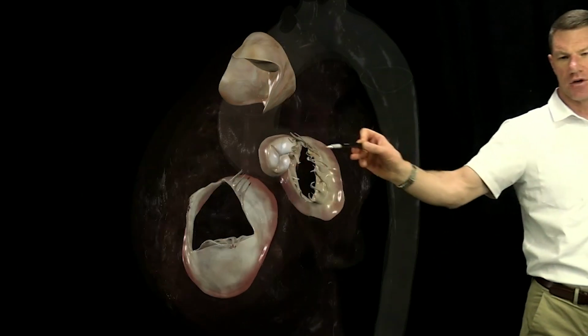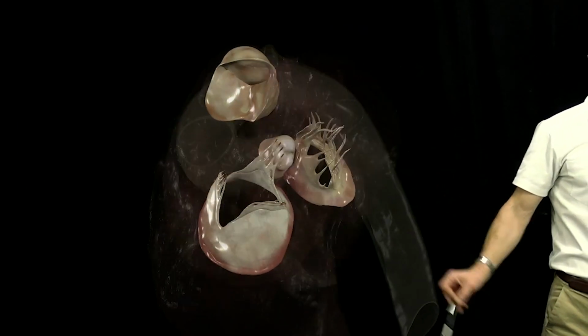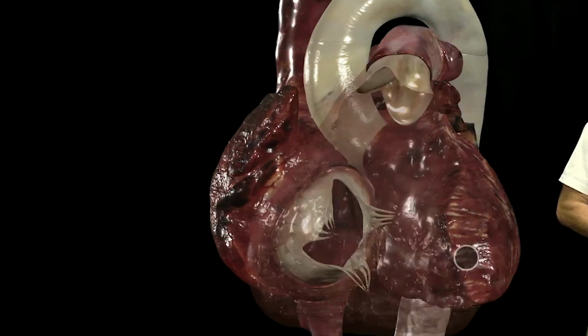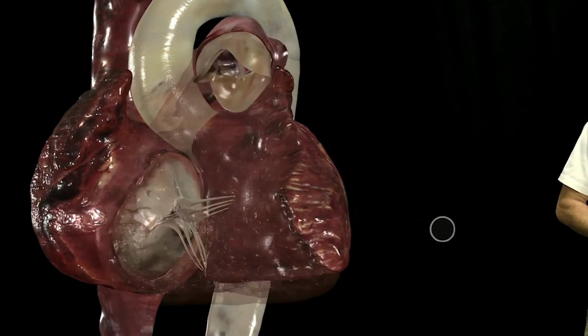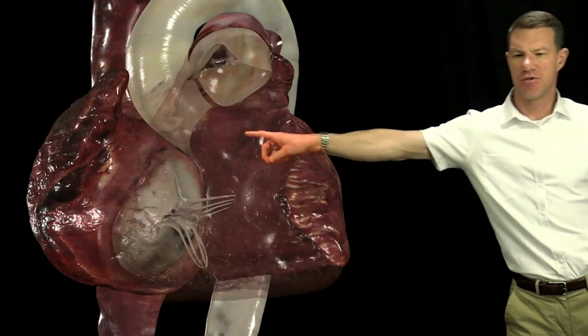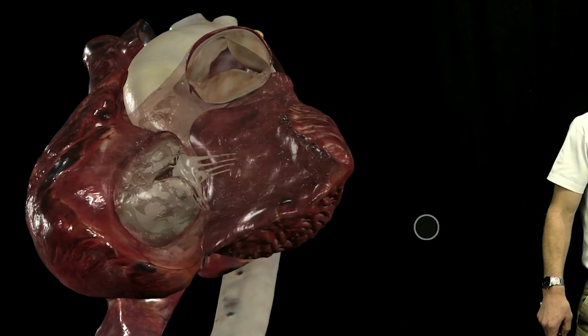And there's a good look at our aortic valve and our pulmonic valve as well. So here I've made the right ventricle a little bit transparent to simulate the right ventricle receiving blood from the right atria and then sending it out through the pulmonic valve.